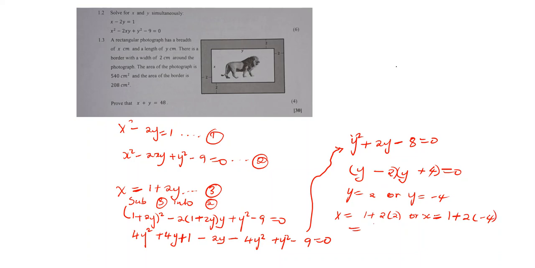So the first value of x will just be 5, or the second one will be 1 minus 8, which will give us negative 7. So with this being said, we are having those values of x.